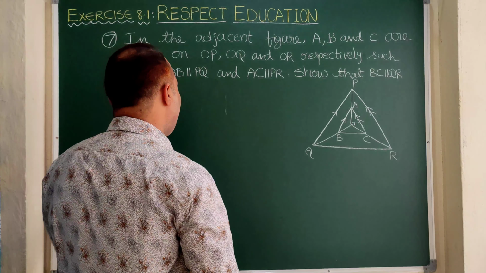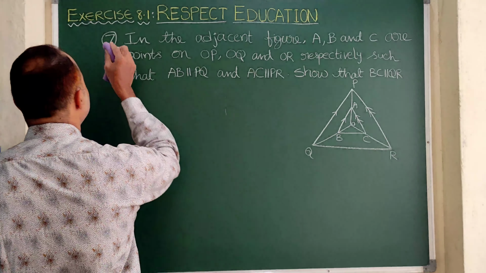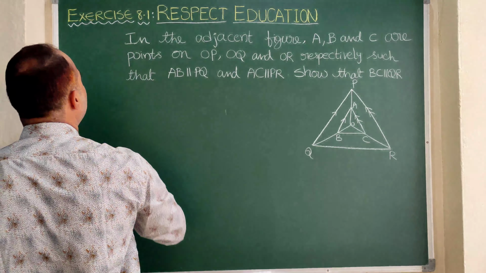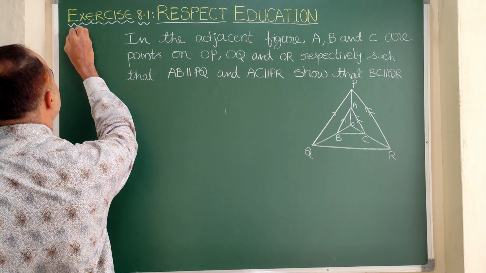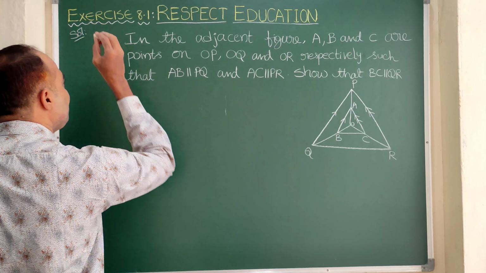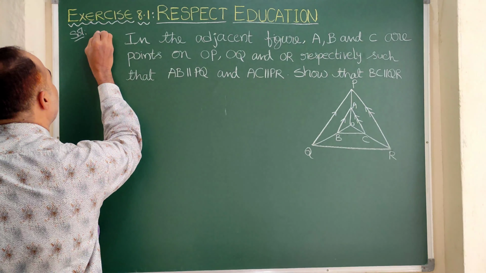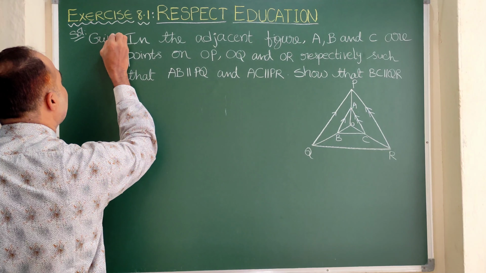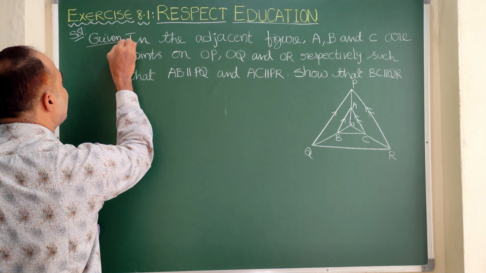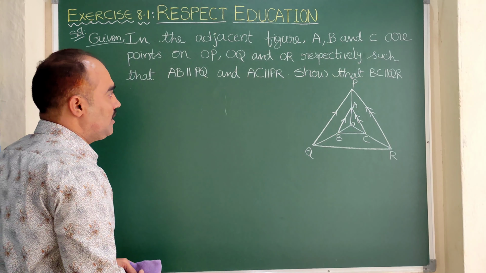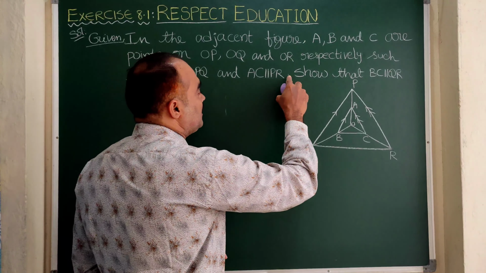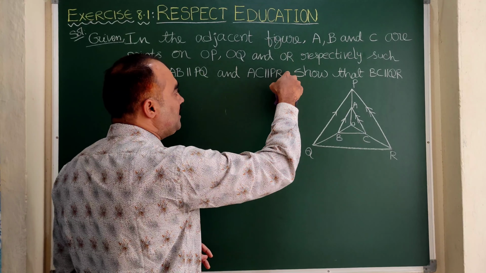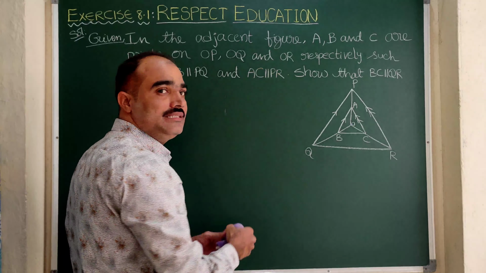So as usual, let us start the solution from here. So here we can write this is solution. I am writing this condition as given. This is the given condition. Up to this matter, this complete matter is given.